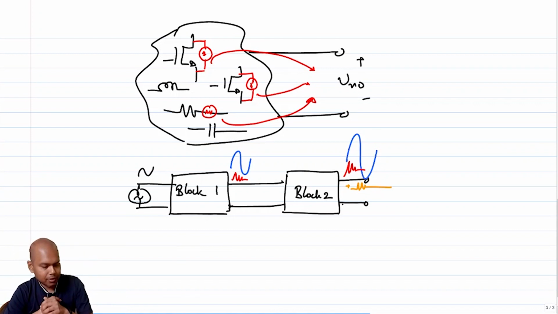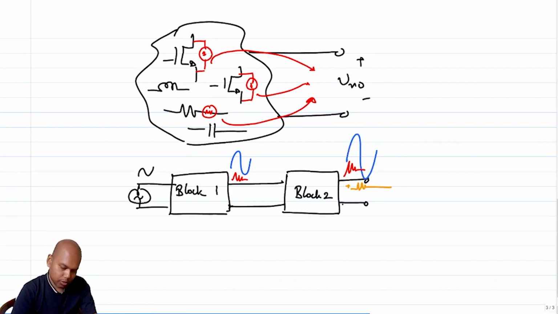So which essentially means that we need to have a way of encompassing the entire noise information, not only at the output side but also at the input side, right?